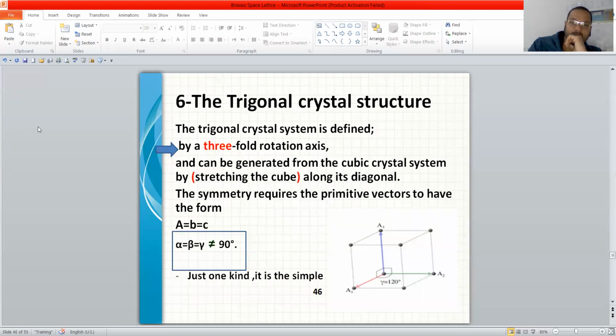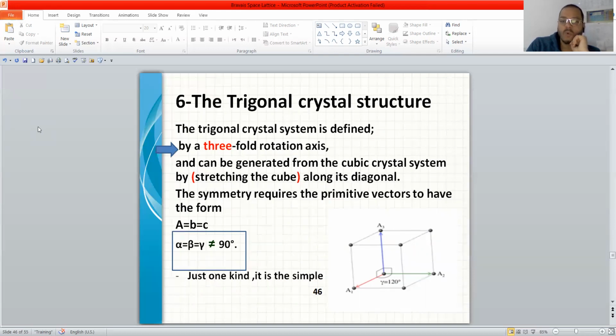Now, the next one is the trigonal crystal structure. The trigonal crystal system is defined by a 3-fold rotation axis and can be generated from the cubic crystal system by stretching the cube along its diagonal.